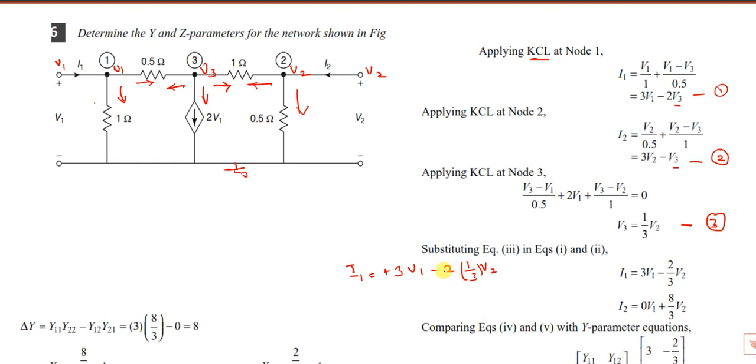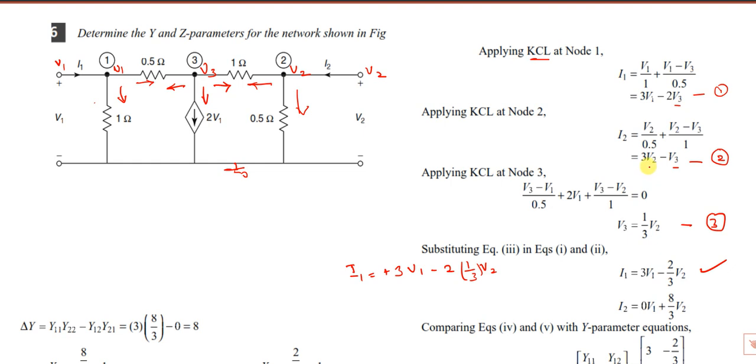So it is 3V1 minus 2 by 3 V2. So two parameters we can directly tell. I1 is expressed in terms of V1 and V2: Y11 is 3, Y12 is minus 2 by 3. So one equation is over.